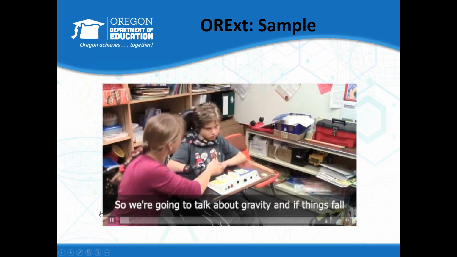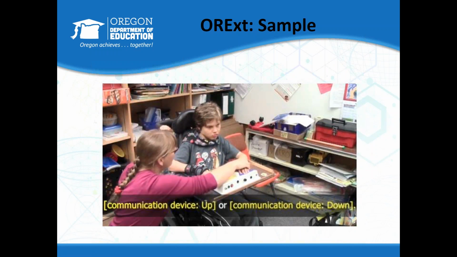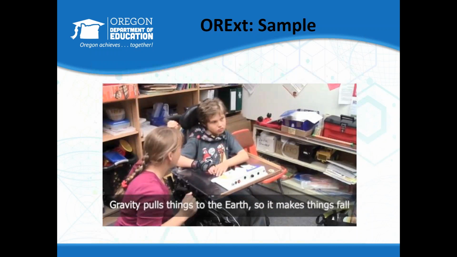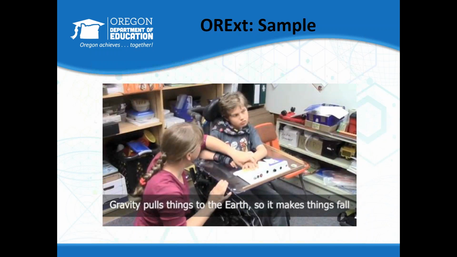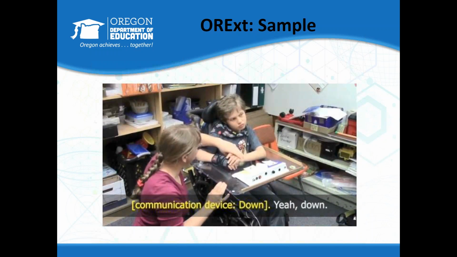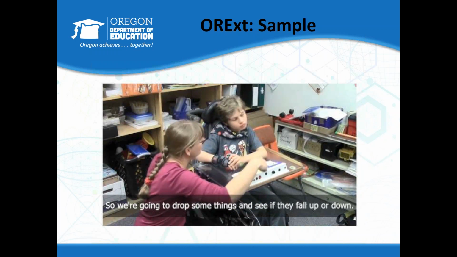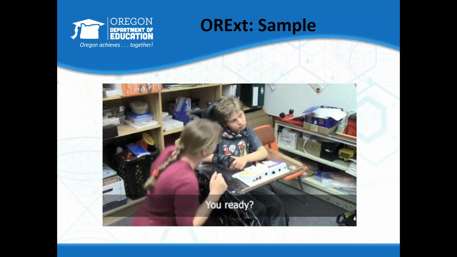So we're going to talk about gravity and if things fall up or down. Gravity pulls things to the earth, so it makes things fall down. Yeah, down. So we're going to drop some things and see if they fall up or down. You ready?